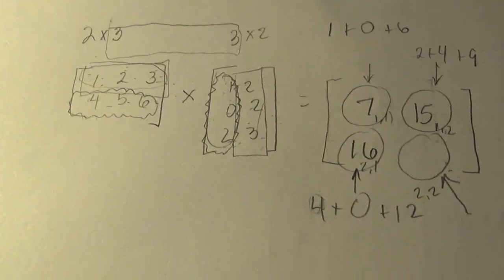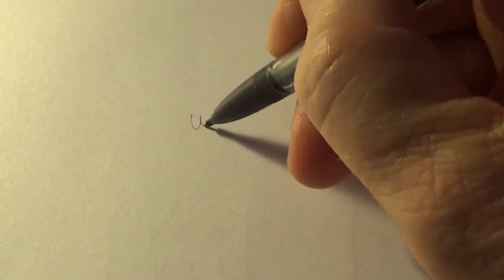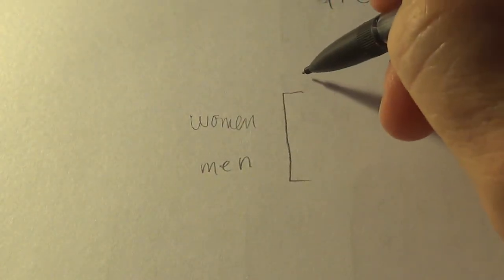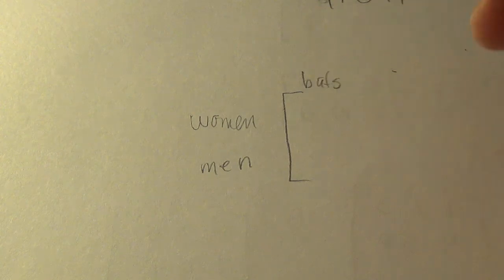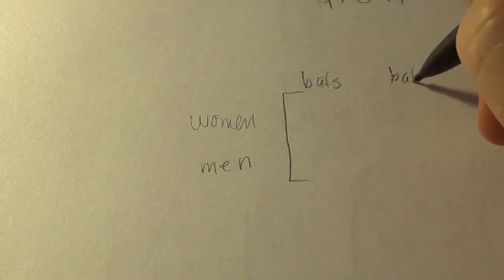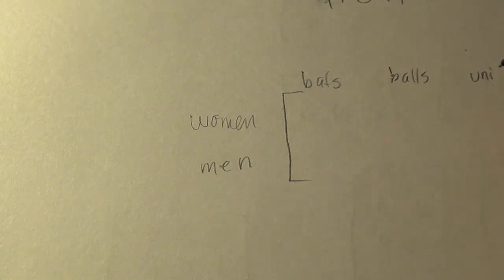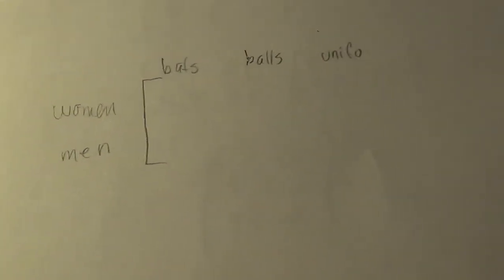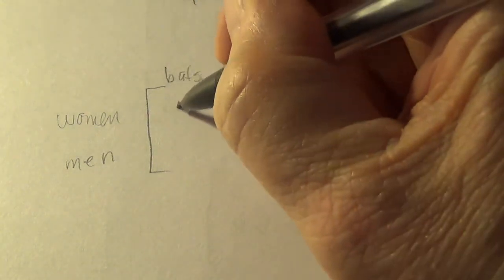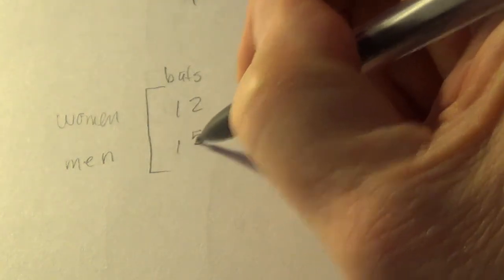So, it seems like something you would never ever use, but it comes up in lots of business applications, in computers. It's a simplified version. Suppose you have men's equipment and women's equipment, say bats, balls, uniforms, and I don't know, suppose the prices are thus.